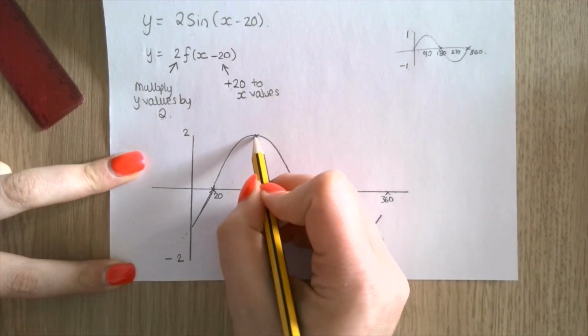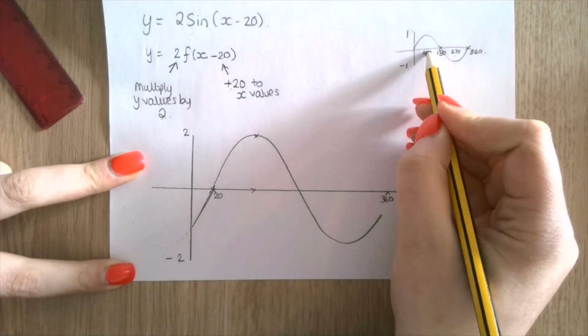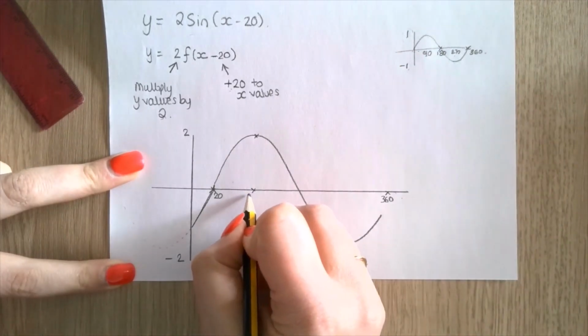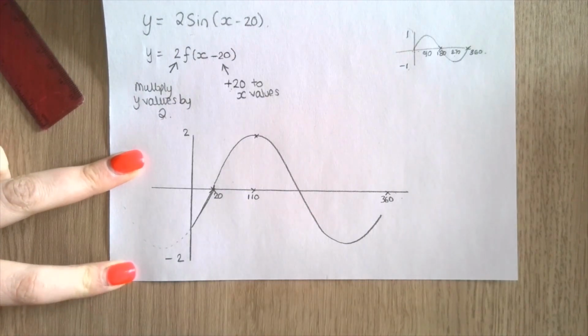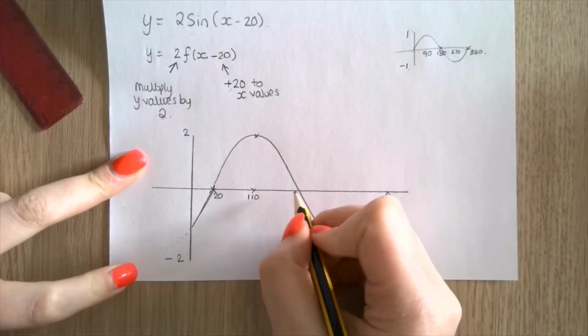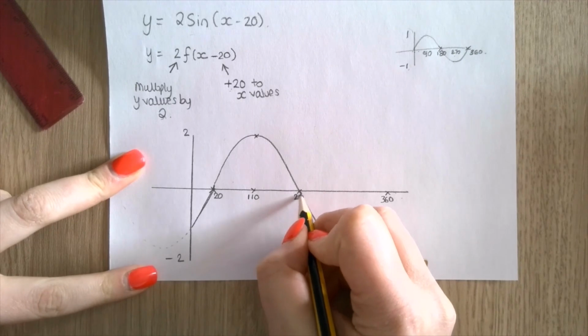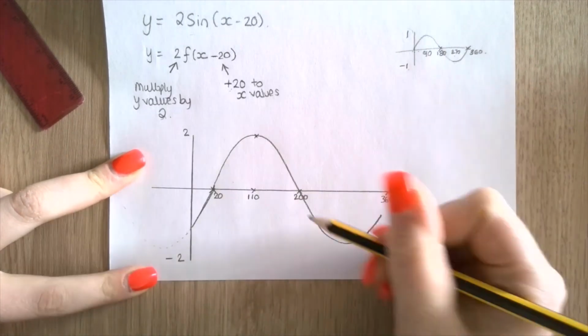My maximum would have been at 90 on the x-axis, but now it's going to be at 110 because I need to add 20 to that. This point here becomes 200 because it would have been 180.